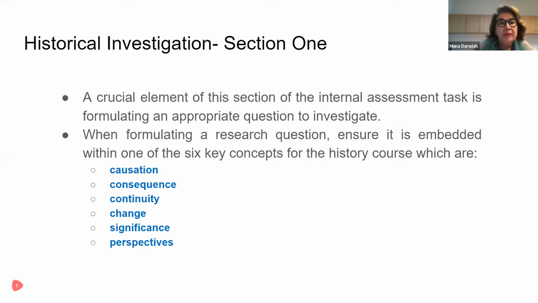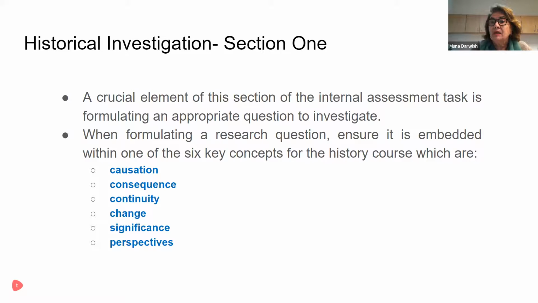And here the task is to formulate an appropriate question. The question needs really to be focused on a very specific historical event. A good strategy is to use one or two of the 6 historical concepts in formulating the research question.